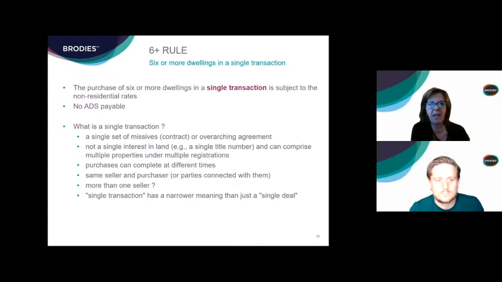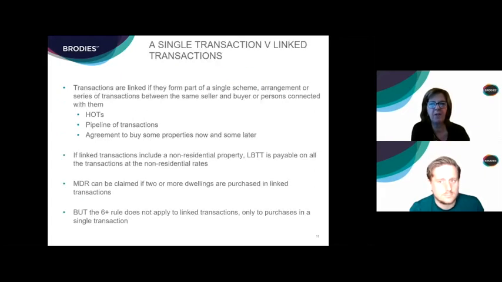But to get into the 6+ rule, it's different from being in linked transactions. It's a much narrower thing. For the 6+ rule, it's not a portfolio test either. You can't buy 5 now and then 1 later. It has to be all as part of a single transaction.